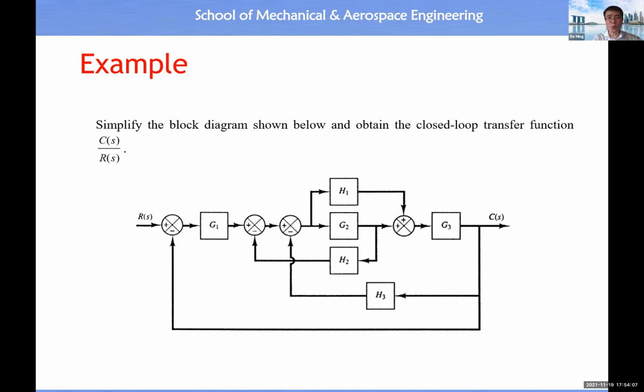If you are going to write down the equations which relate all the signals together inside this block diagram, you will have a lot of equations. Then you must solve all these equations to find the solution of C(s) in terms of R(s). Immediately you can imagine this is a very complicated task in mathematics. However, with block diagram, you will see the beauty. We can reduce this into a single transfer function without solving any equation.